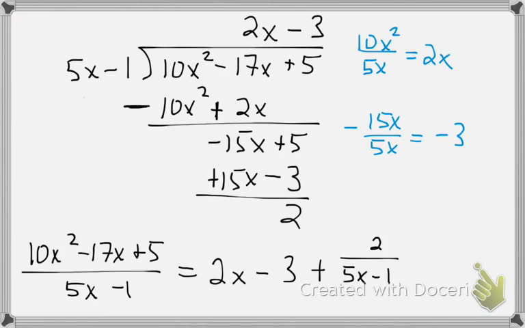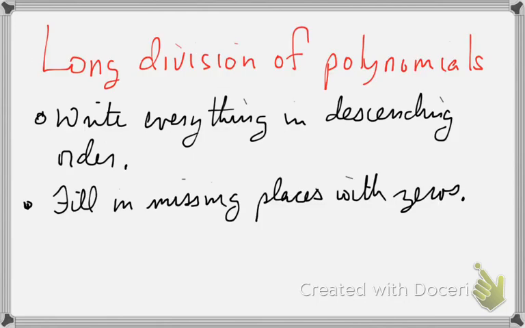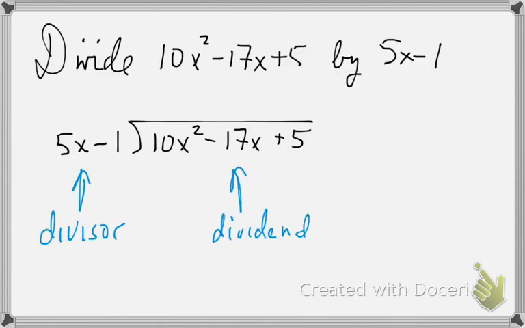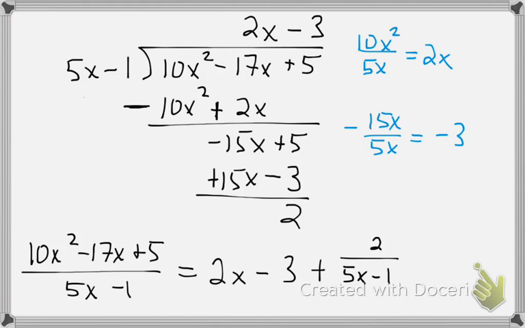Very good. 5x minus 1 is playing the role of 7. So your remainder is 2 over 5x minus 1. Did this divide cleanly? No, you had a remainder, so there's still a fraction there. Same as it was with numbers. Did 7 divide 296 cleanly? No. There was still a fractional part, but it's the same process.